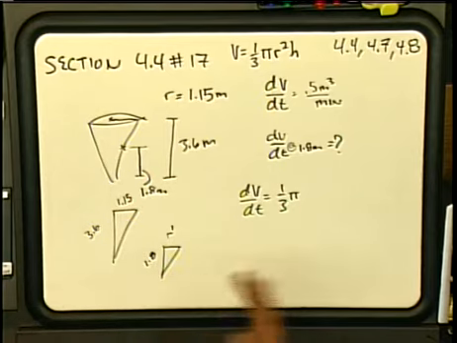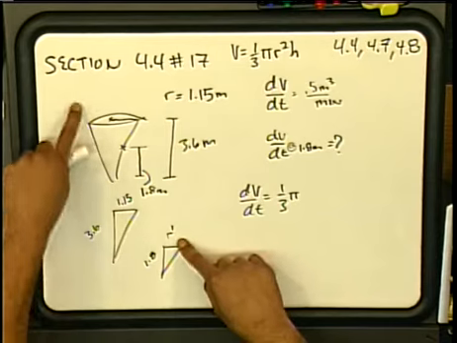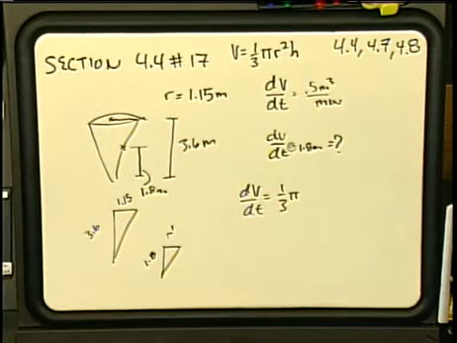The radius is going to be proportional when it's down here.